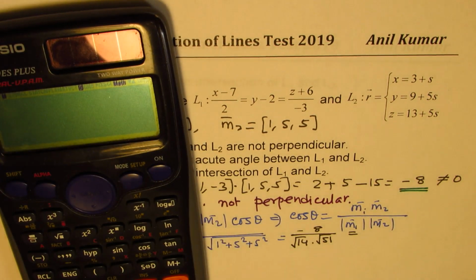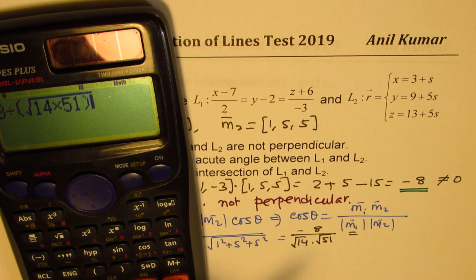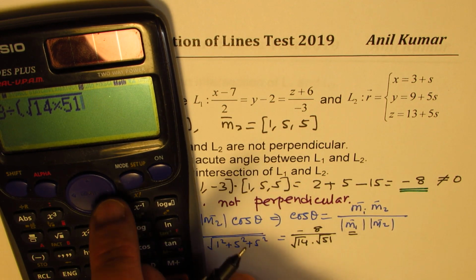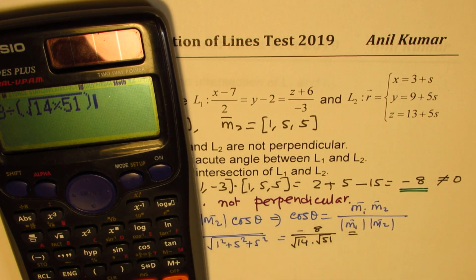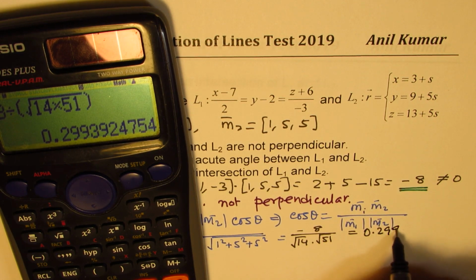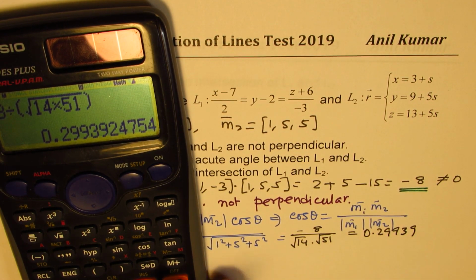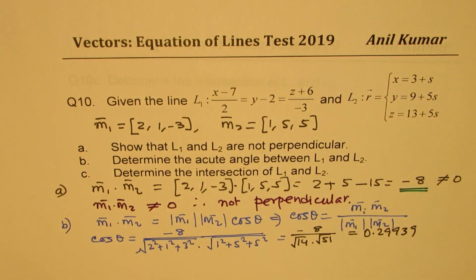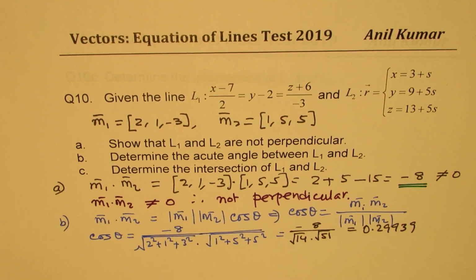We have 8 divided by, within brackets, square root of 14 times 51. So that gives you 0.29939. And from here, we can find what the angle is, correct?